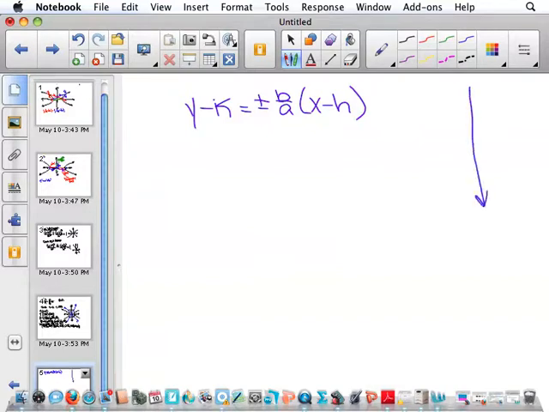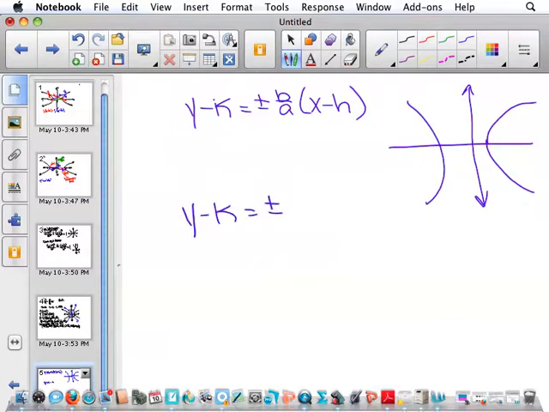When it's opening up and down, it's y minus k is equal to plus or minus a over b times x minus h. So it's just point slope formula.